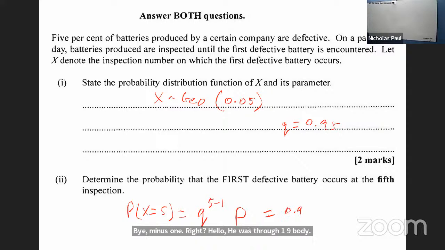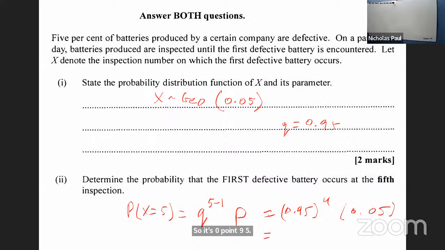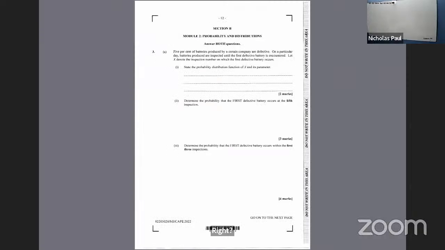So it's 0.95 to the power of 4 multiplied by 0.05. How much is that? 0.04. Yeah, that's geometric, right? Next one.